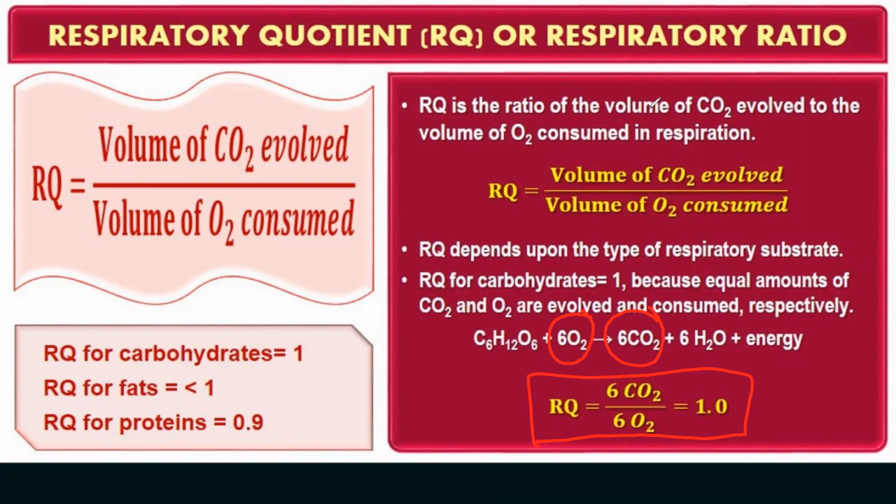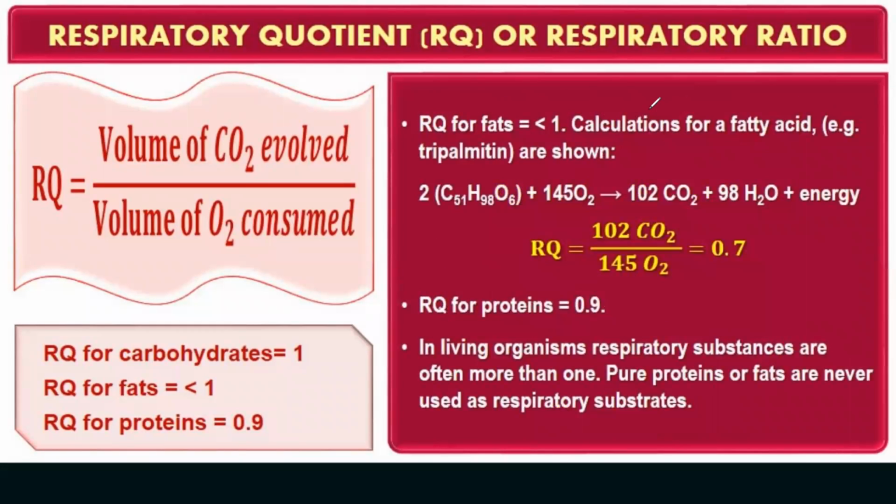carbohydrate is 1. Whereas the RQ of fatty acid, that is fat, is less than 1 because the amount of carbon dioxide released is less than the amount of oxygen utilized. The RQ is given here. In living organisms, the protein RQ is 0.9.